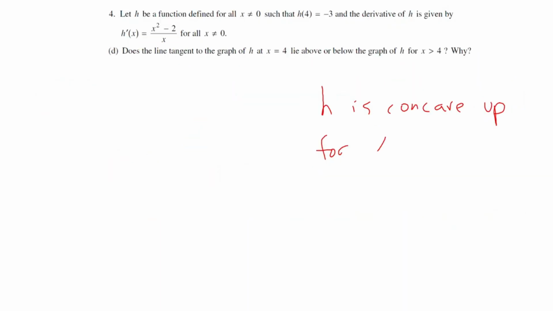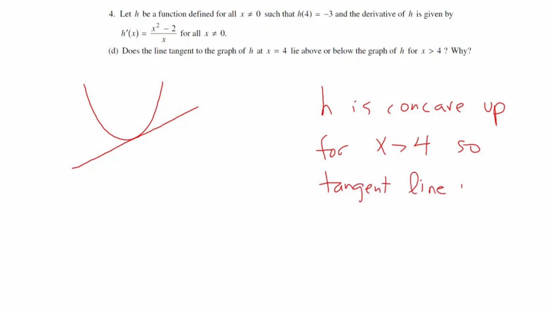But in this instance, certainly for x greater than 4. And when we have a function that's concave up, the tangent line is going to be below that function. So the tangent line is below the graph. And they gave you 1 point for that explanation.